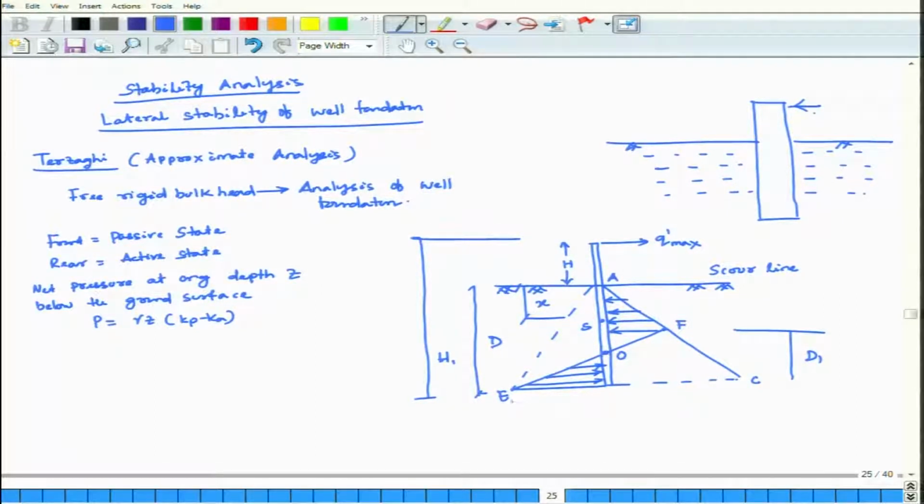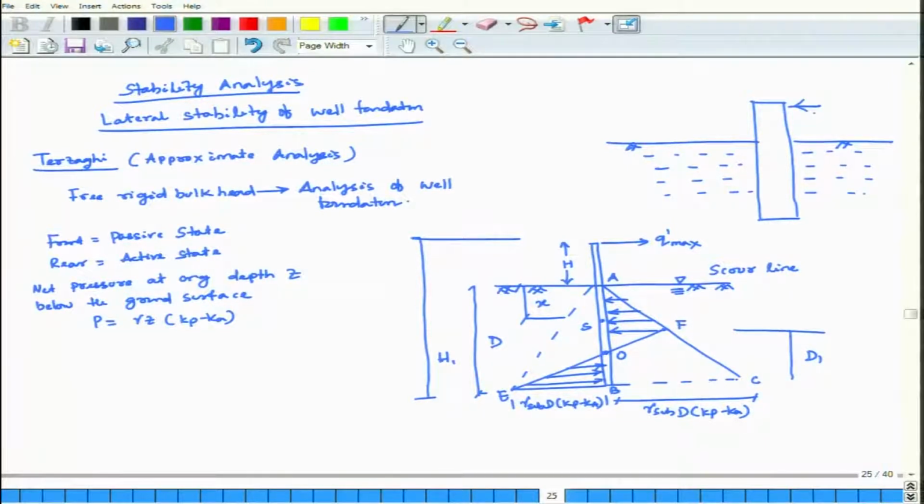is P equal to gamma Z (Kp minus Ka). If there is a water table here, then it will be gamma submerged D (Kp minus Ka). Here also, from this to this point, gamma submerged D (Kp minus Ka). Resistance force per unit length.